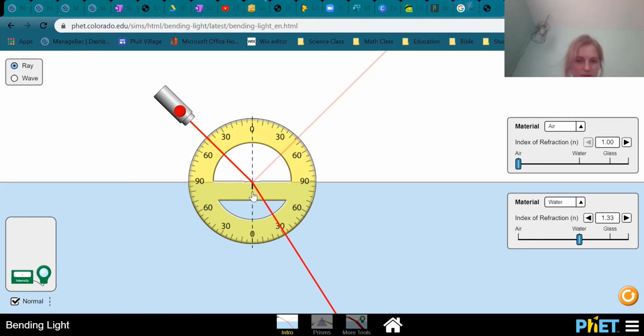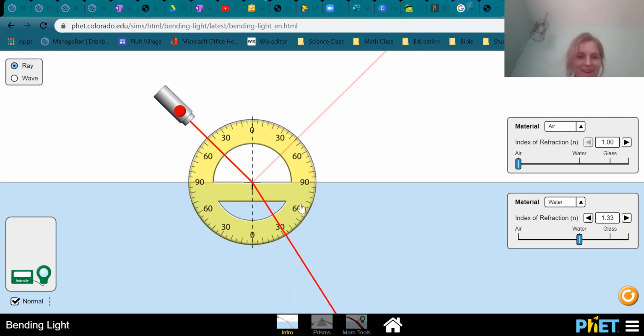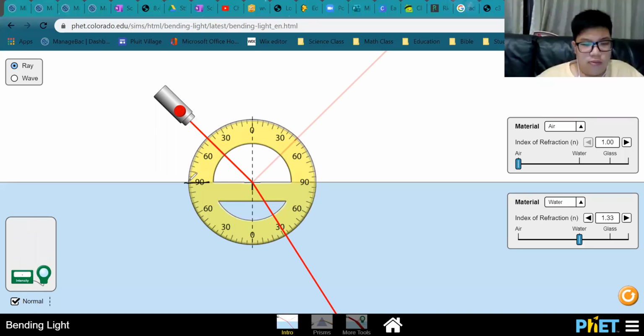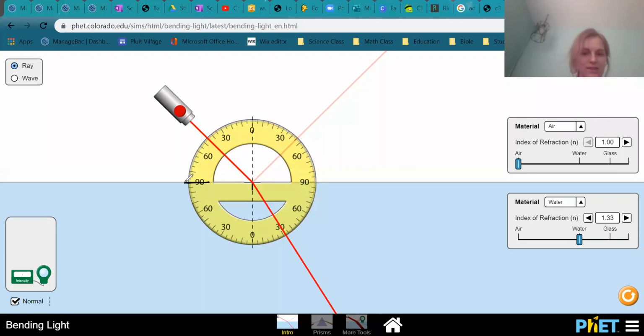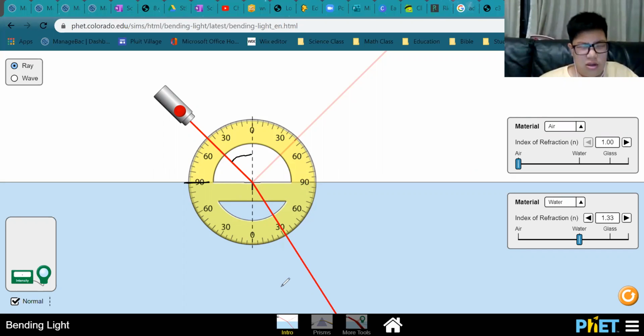So I matched up the 90 degrees right there. And then I need to figure out what is the angle of incidence. That's this one, right?